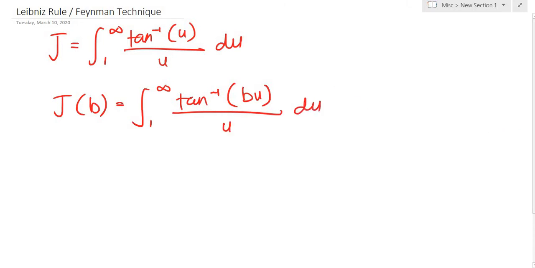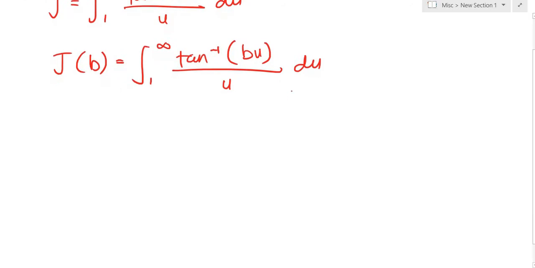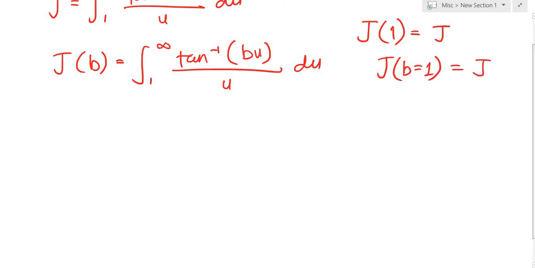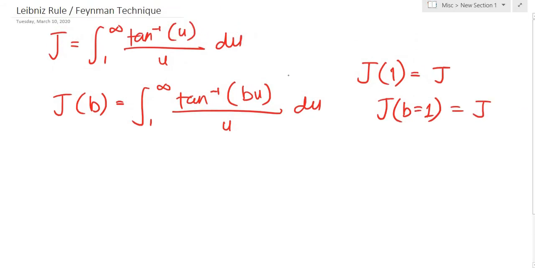So you parameterize it with a parameter b such that our original j is just j of 1. When b equals 1, 1 times u is u, so it's just our original question.